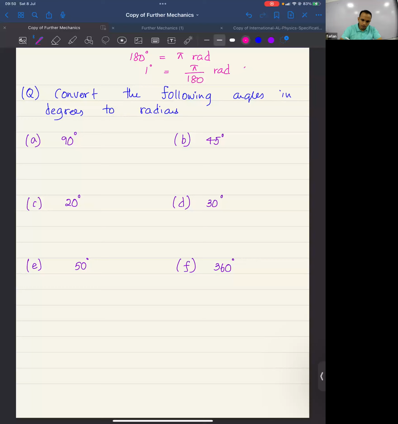Right. So guys, we know 180 degrees is pi radians. So if 180 degrees is pi radians, 90 will be what? Pi over 2, no? So it will be pi over 2 radians. Correct? Can you try the remaining? 45 degrees, 20 degrees, 30 degrees, 50, and 360.